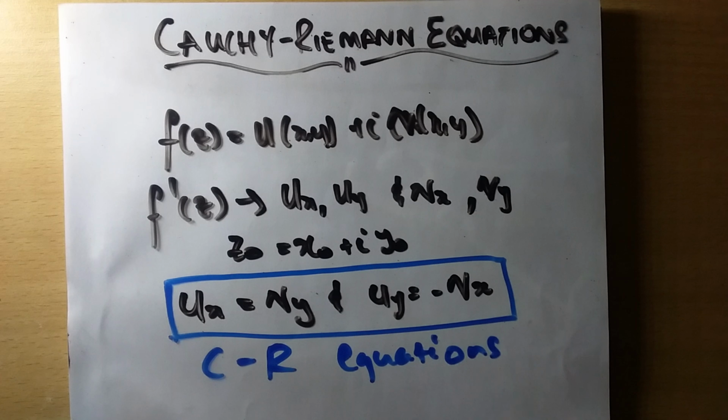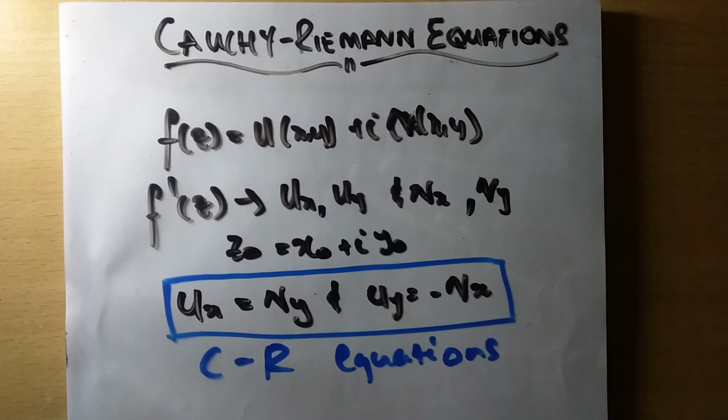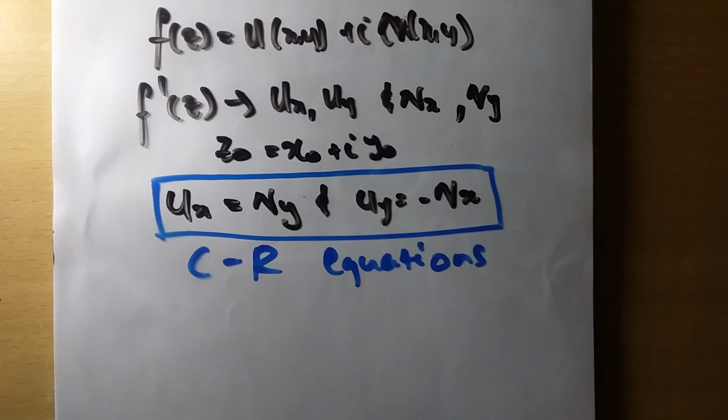For us to say that the Cauchy-Riemann equations are satisfied, these two partial derivative equations must be equal, these conditions have to be met. This is basically everything that we have on Cauchy-Riemann equations.